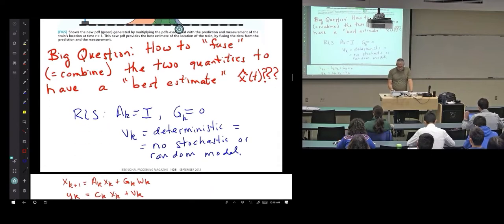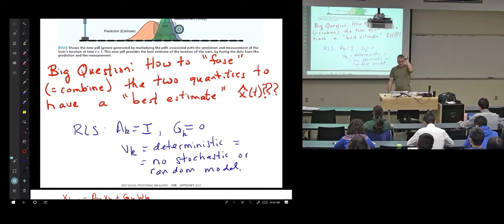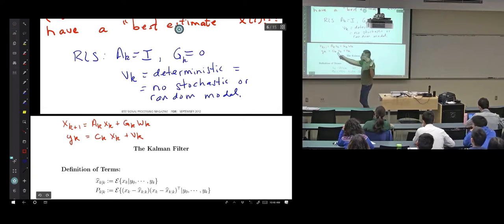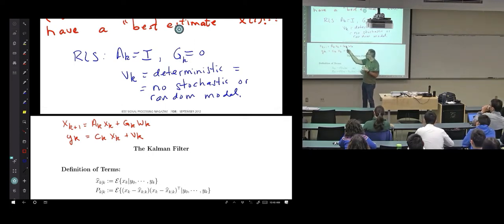Now, when you did RLS with Nils, x is constant. If I look at a discrete time model for how my state is evolving, you had x as constant. That means this was the identity matrix. It gets initialized to a value you don't know, but then it just stays there, and you just take measurements of it. Also, when we did RLS on Thursday with Nils, there was no perturbing noise term in the dynamics either.